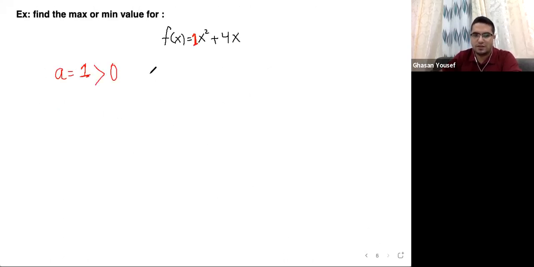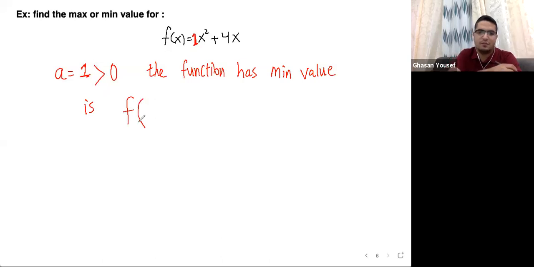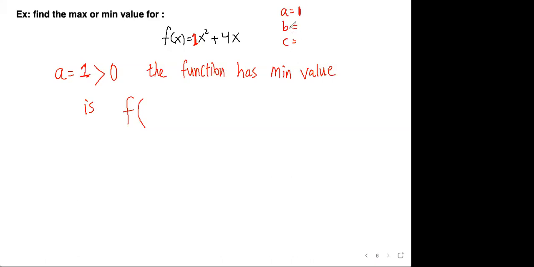So the function has a minimum value f of minus b over 2a. Because I don't want to get you confused, first write the value for a, the value for b, and the value for c. This is my a. What is my b? 4.